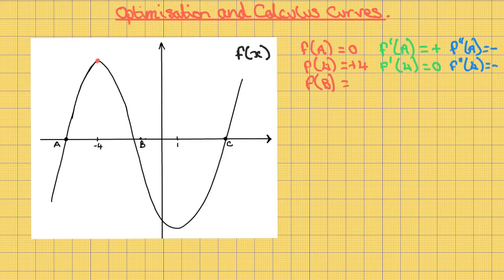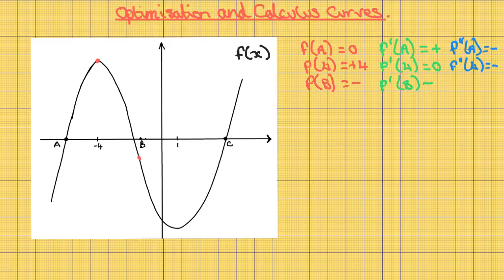F of b, if you move to the point on the graph, it is below the x-axis, so f of b is negative. If you move to f dash of b, if you draw in your tangent line at b, you can clearly see that the gradient at b is negative.